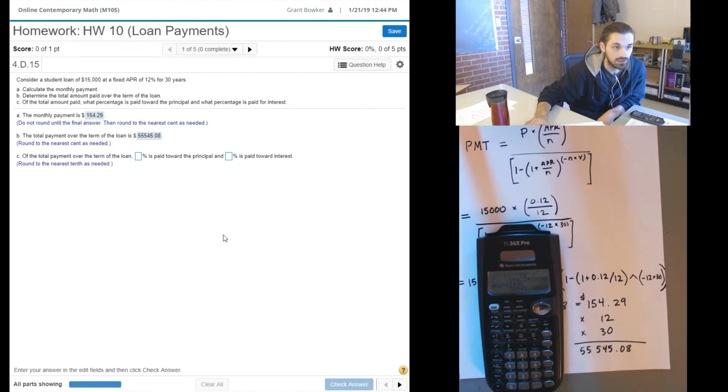Of the total payment over the term of the loan, blank percent is paid towards the principal and blank is paid towards the interest. Okay, so you pay a total of this $55,000, and exactly $15,000 of that went towards the principal, because that's what you borrowed.